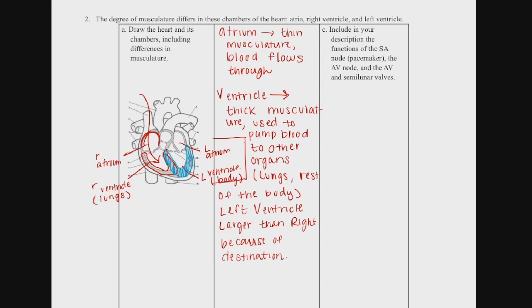So when we put blood into the ventricle, we don't want much backflow, because when the heart is pumping, it's because we want that circulation. Backflow means that circulation is not happening optimally. And so that's why we have these valves to prevent that backflow from happening.